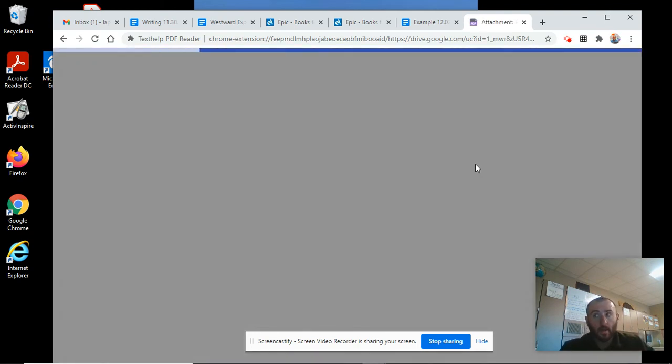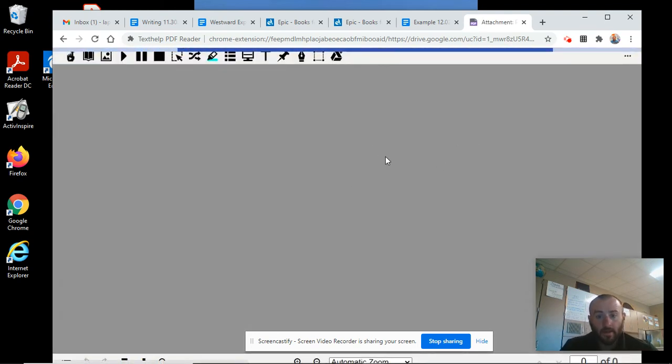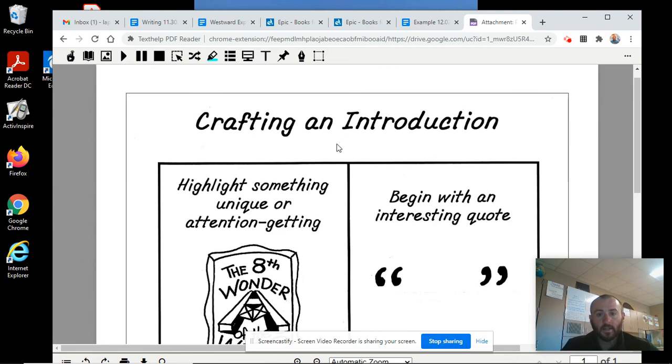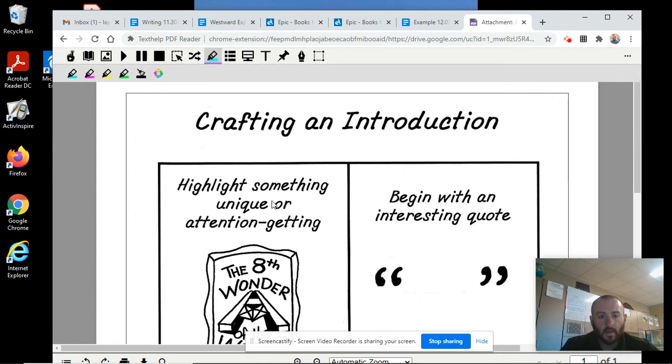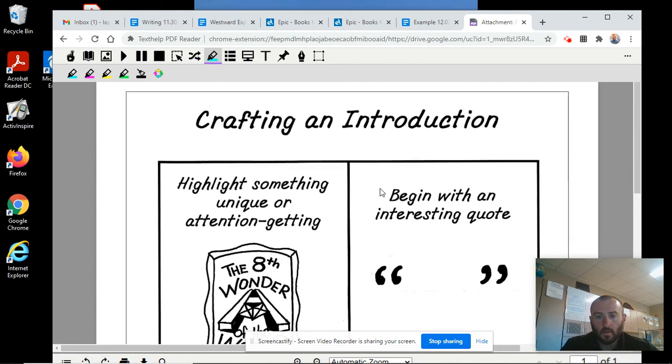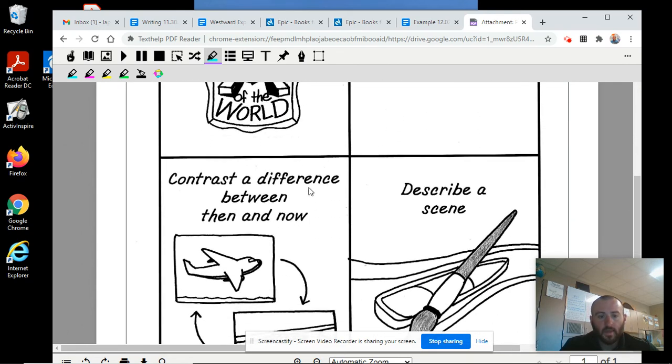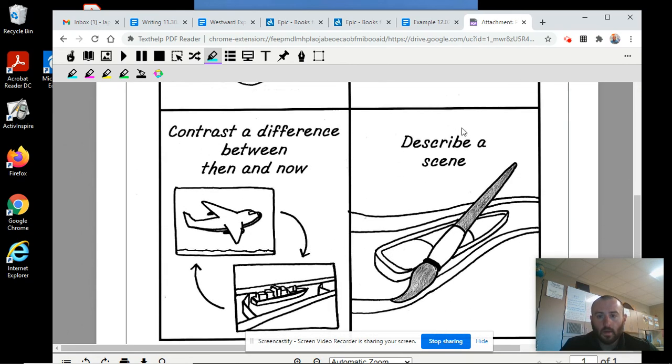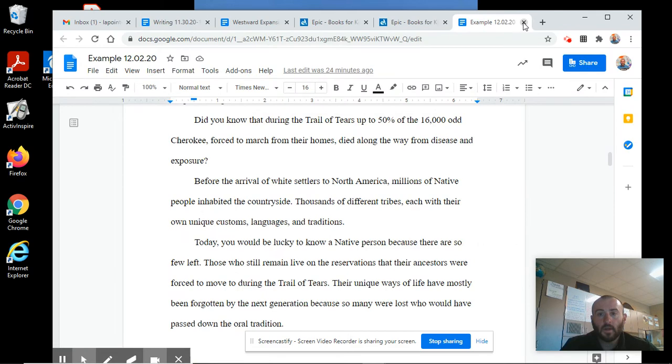That way you can remind yourself of how to make a great introduction because this isn't on your checklist, but here's what we talked about today. So highlight something unique or attention getting. Begin with an interesting quote. Contrast the difference between then and now. Describe a scene like I just did for you. Okay, so that's on Google Classroom.